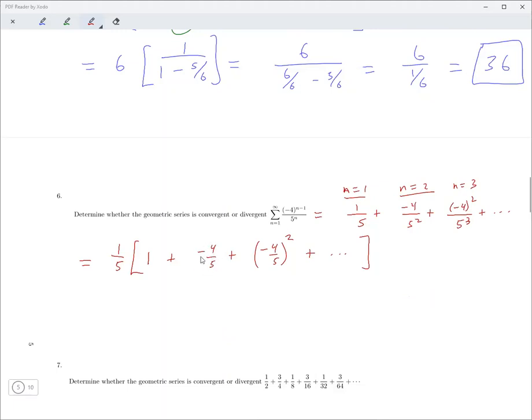And -4/5 is what our R is, and what does that tell you? Converges or diverges if R is -4/5? It converges, because it is less than 1 in absolute value.